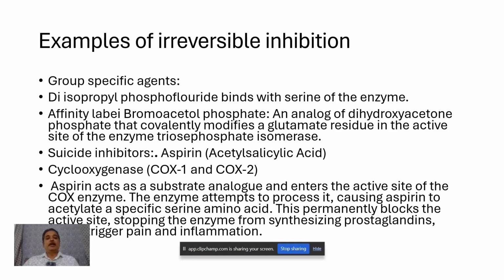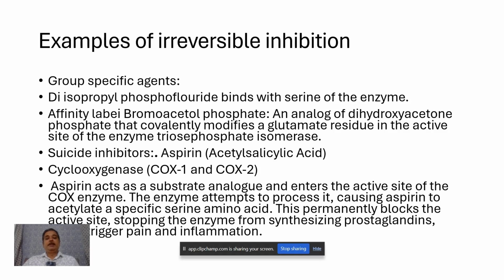Coming to affinity labels, bromoacetol phosphate, which is an analog of dihydroxyacetone phosphate, covalently modifies a glutamic residue in the active site of the enzyme triose phosphate isomerase. So this is involved in photosynthesis, etc. And this enzyme is inhibited permanently by bromoacetol phosphate.